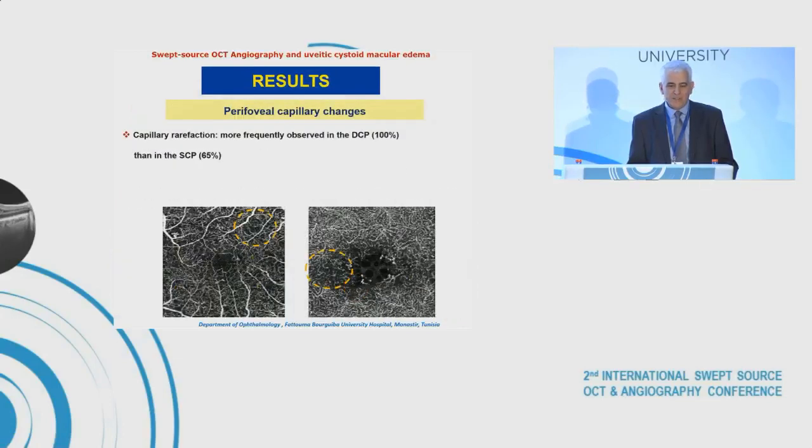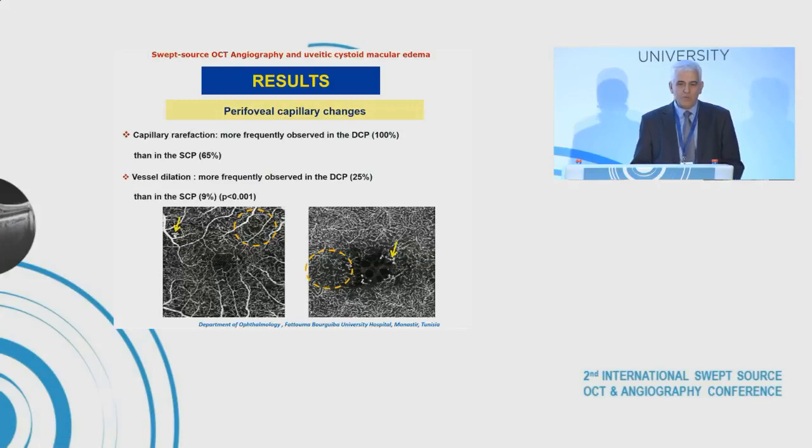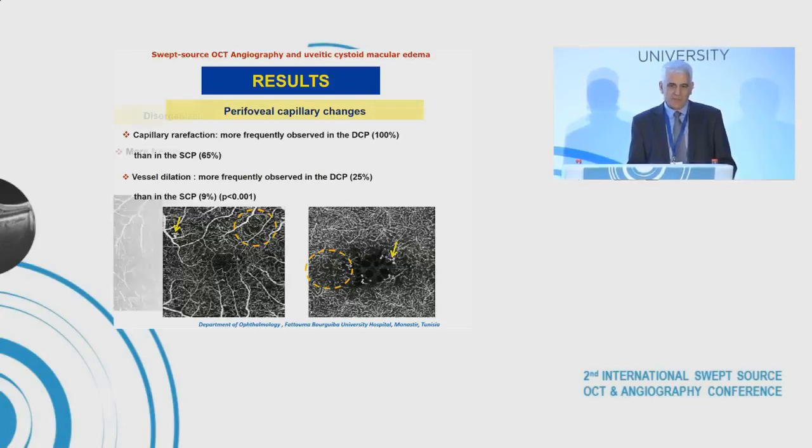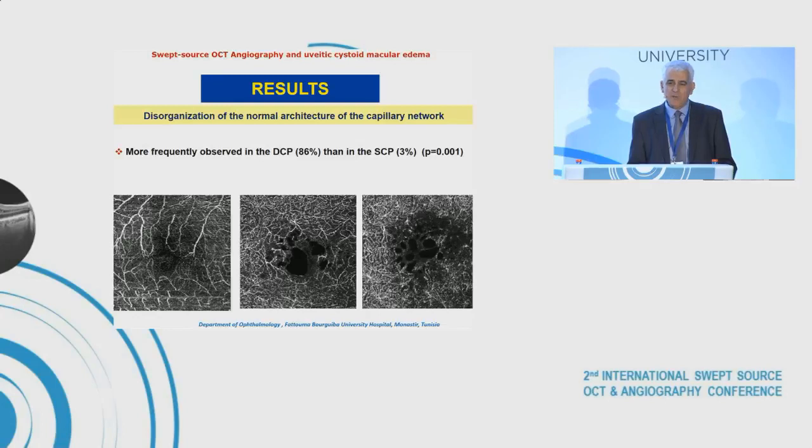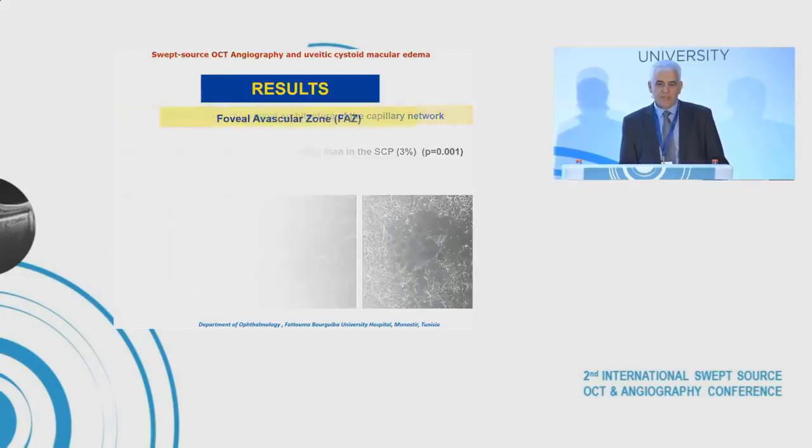Perifoveal capillary changes, capillary rarefaction, and vessel dilation were more frequently seen in the deep capillary plexus than in the superficial capillary plexus. Disorganization of the normal architecture of the capillary network was also more frequently observed in the deep capillary plexus.